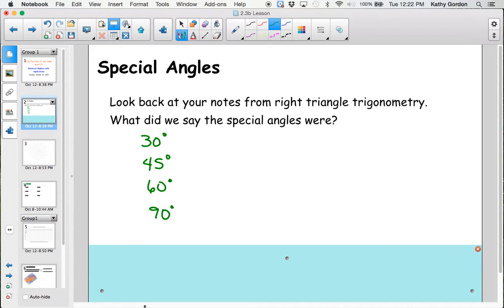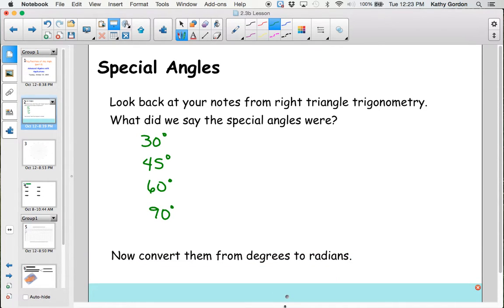Now what I would like you to do really quick is take a minute and convert these into radians. This is what we were talking about as degree measures, but what would these be as radian measures?